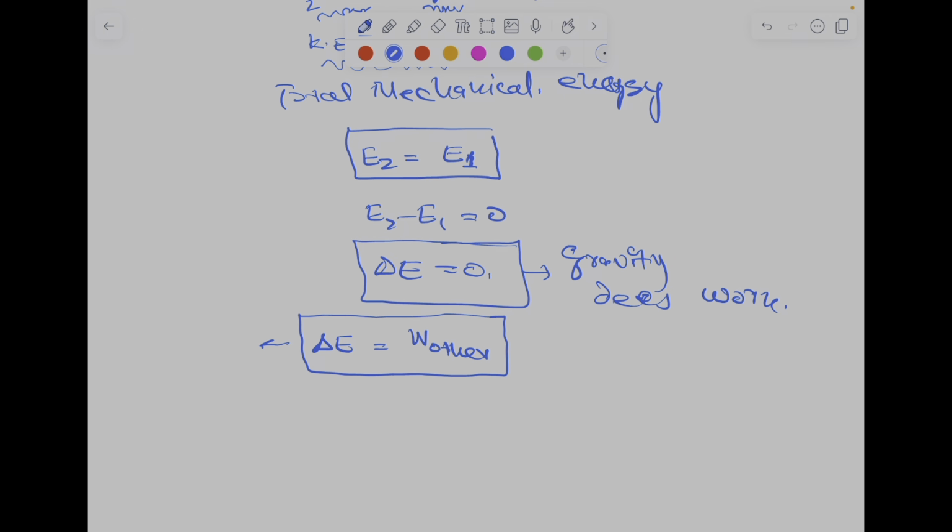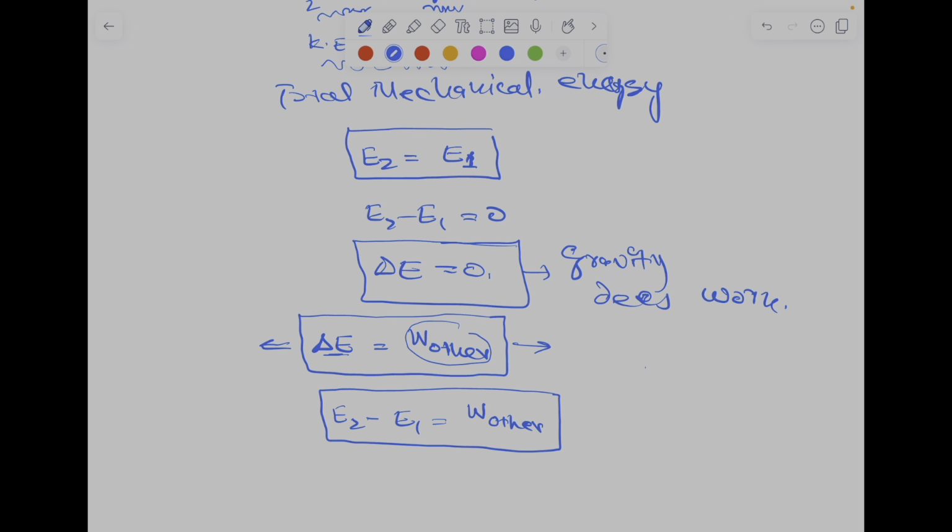If you have any other forces that are doing work, then the work done by the other forces is stored in terms of change in energy. This change in energy, E2 minus E1, is the work by the other forces, and you need to identify which force is acting.